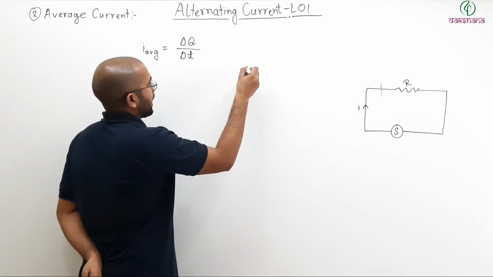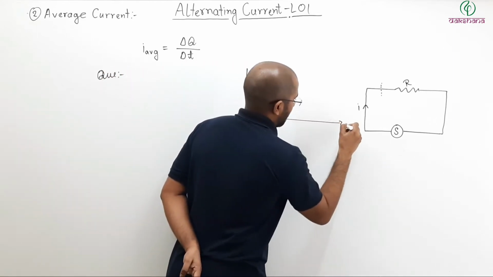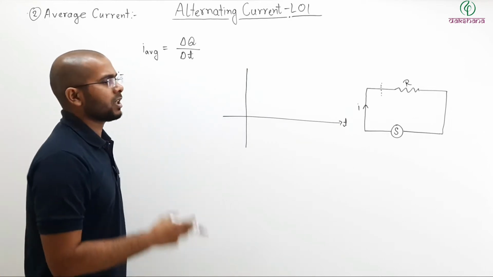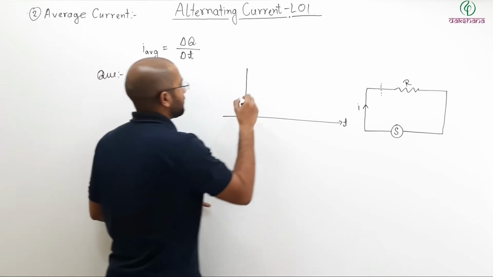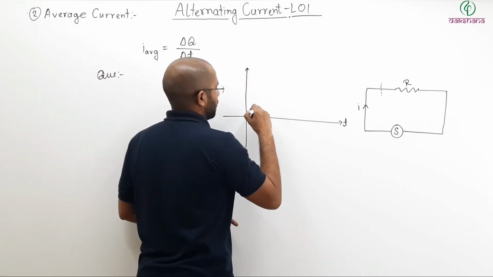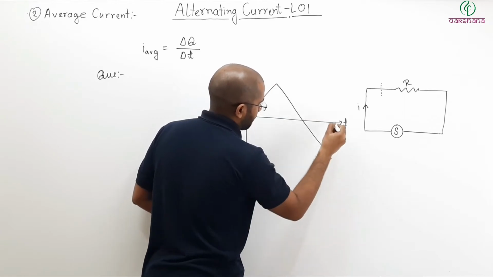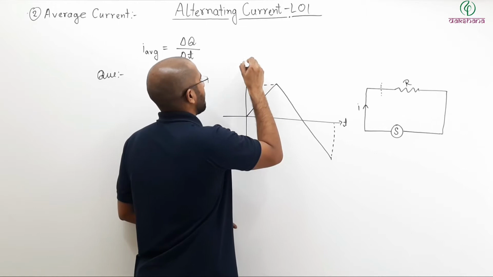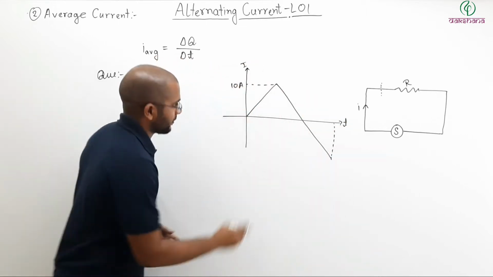So here I have a diagram. For this, let us suppose, for this circuit, I have a graph of current versus time. So graph of current versus time, it goes something like this. Let us say I, T, this is 10 ampere.